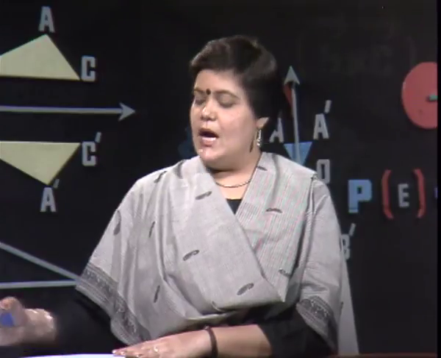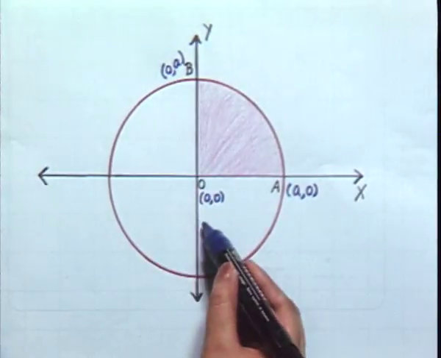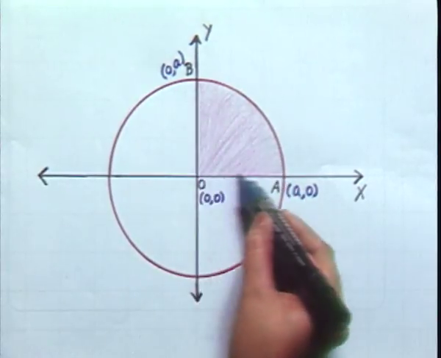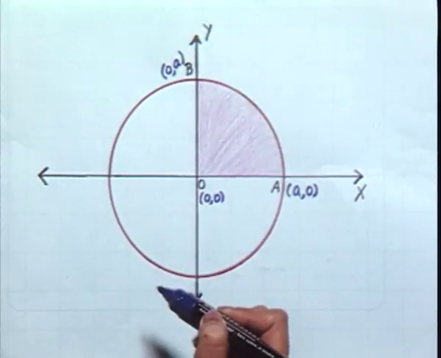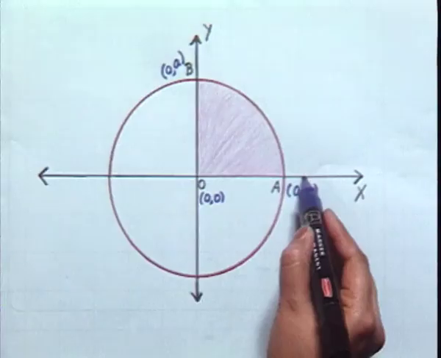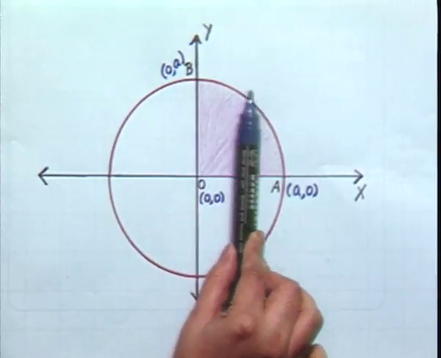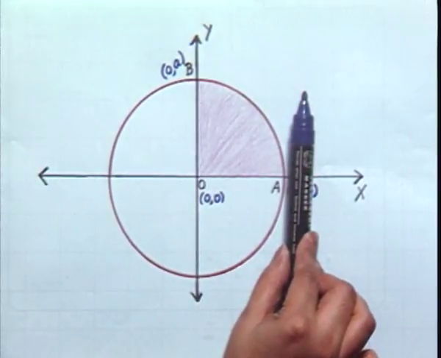By symmetry, the total area of this circle is just 4 times the area of this sector. This sector is the region in the first quadrant, bounded by the x-axis, and the region varies from this point up to x = a.